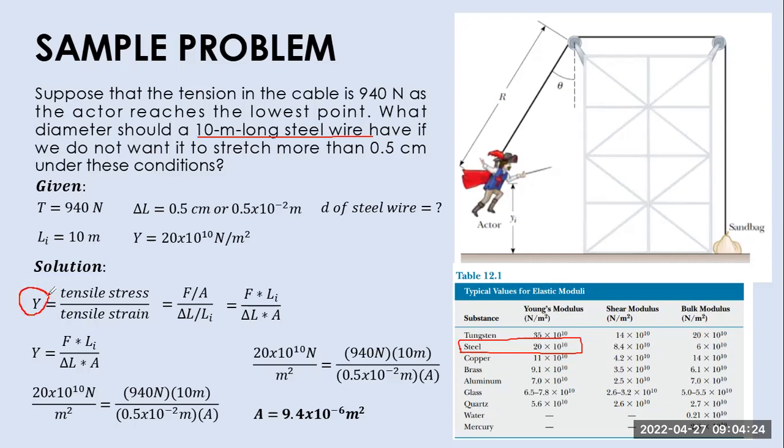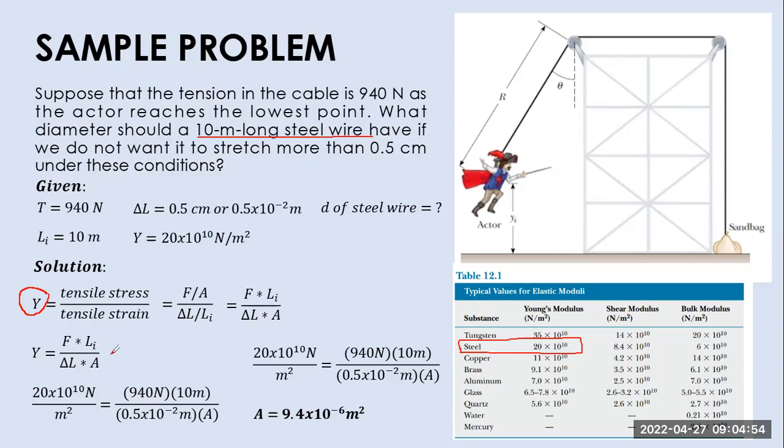Our Young's modulus formula again is tensile stress over tensile strain. From our previous discussion, the formula for this is the tensile force times the original length over the change of length times the area. We already have values for these except the area, so we will solve for the area.